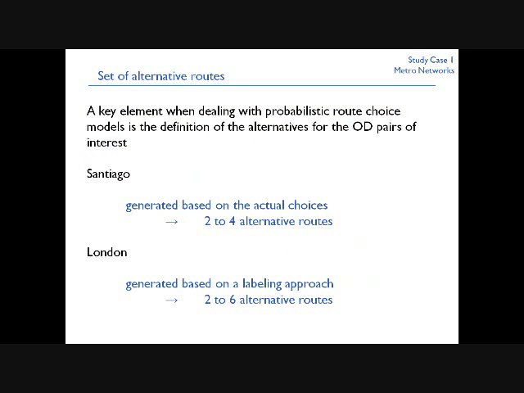So for each city, we have the actual route choices by the individuals coming from the survey, and we generated different alternative routes, the non-chosen routes, to try to analyze why the travelers chose the route they took, and not all the possible routes from origin to destination. And we estimated a C-logit model, which is a probabilistic model that takes into account correlation between alternatives, to try to understand and model the preferences of the travelers in both cities.